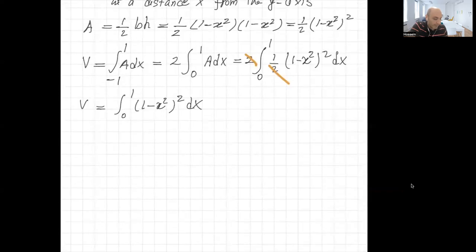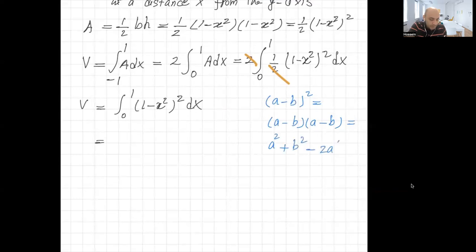So I'm going to expand this. On the side, we know from algebra that (a minus b) squared is equal to (a minus b) times (a minus b). If you do this multiplication, you get a squared plus b squared minus 2 times a times b. So this is on the side, and I'm going to use this.